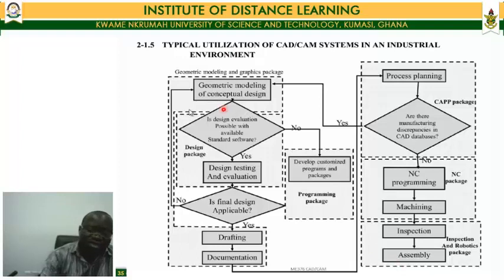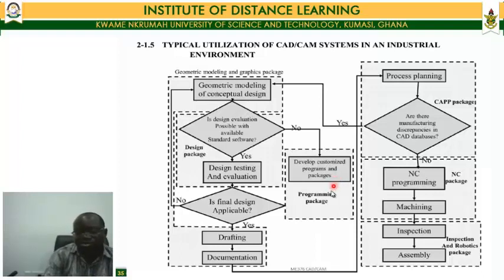However, if we create the conceptual design and we notice that design evaluation is not possible with the standard software, then instead of throwing away the whole software that we have, we can develop a customized package for that task alone.